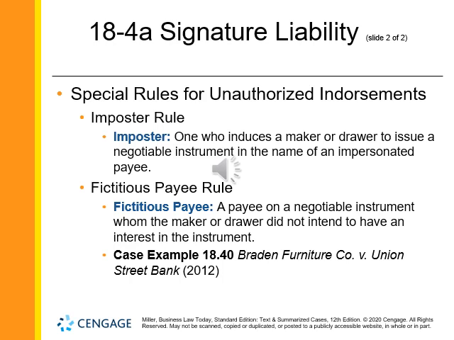A payee whom the maker or drawer does not intend to have an interest in the instrument. For example, where a dishonest employee issues an instrument on his employer's behalf or deceives the employer into signing an instrument payable to a party with no right to receive payment.